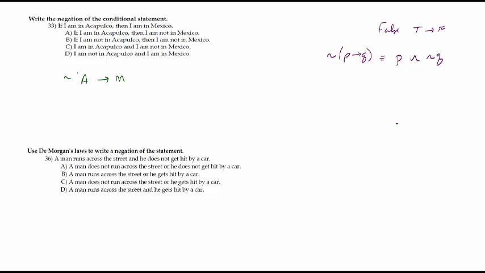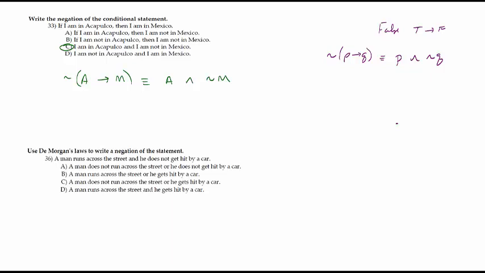The negation of A implies M is going to be A and not M. So I am in Acapulco and I am not in Mexico, letter choice C. The main thing is that you've got to know this equivalency: the negation of the if-then statement is not an if-then statement. It's the and. The first part happens and the second part did not follow.